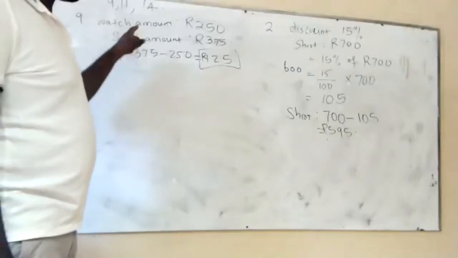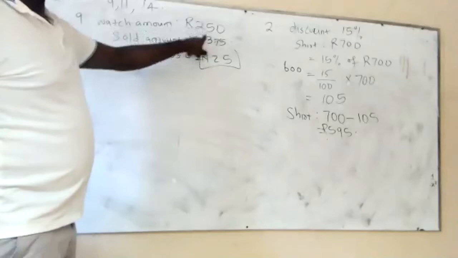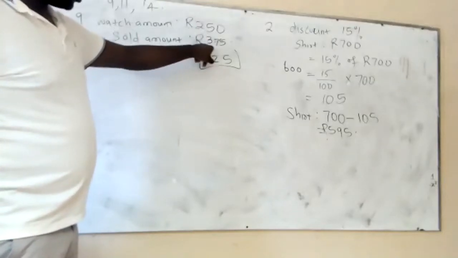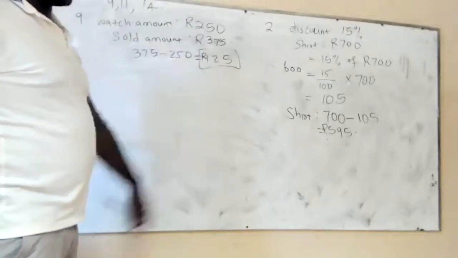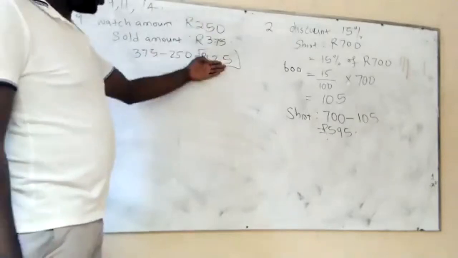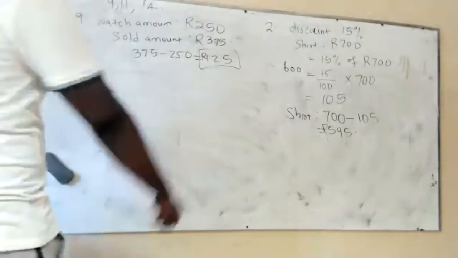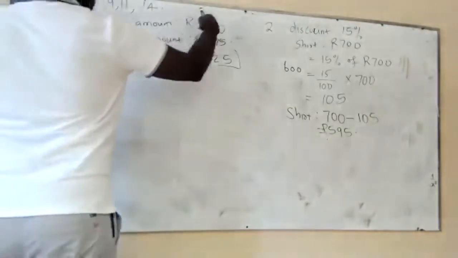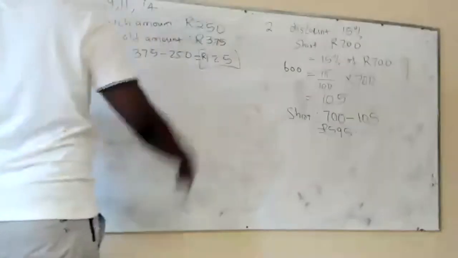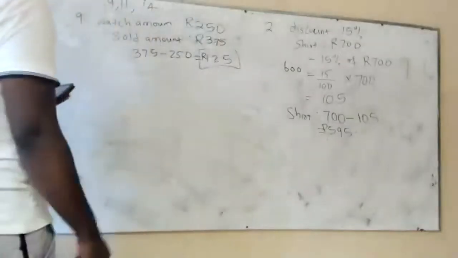There's no one who can buy a watch for 250 and go and sell the watch for the same amount, because you are not going to get any profit that way. You need to sell with an amount higher than the one you used to buy it if you want to get a profit.